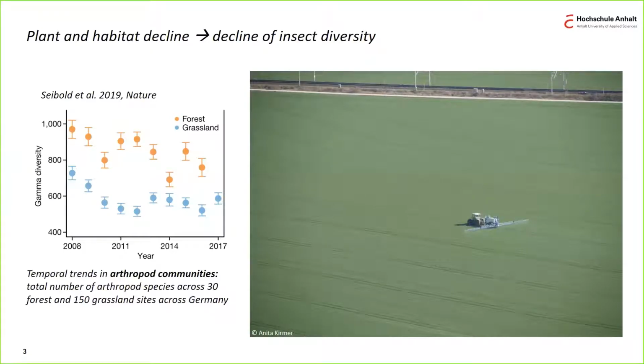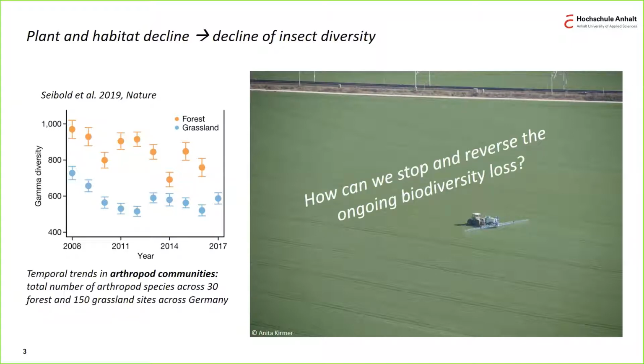The continuing loss of habitats and plant species has consequences to insect diversity, as Seibold and colleagues demonstrated in 2019 for arthropod communities in grasslands and forests. The question is, how can we stop and reverse the ongoing biodiversity loss?